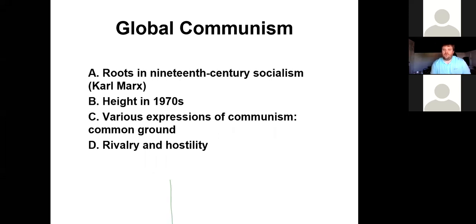The Council on Mutual Economic Assistance tied Eastern European economies to the USSR's economy, and the Treaty of Friendship between the USSR and China was very much something that was embraced. Communism was able to spread quite significantly because it did create such pacts and alliances throughout the countries that didn't have the ability to stand up.